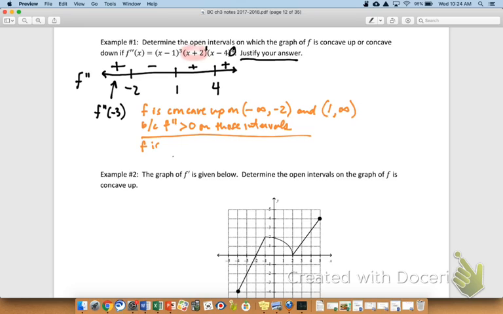So f is concave down on -2 to 1 because f double prime is negative on that interval. So be in good practice with your justifications. Make sure you're giving a complete answer with a reason, a correct reason.